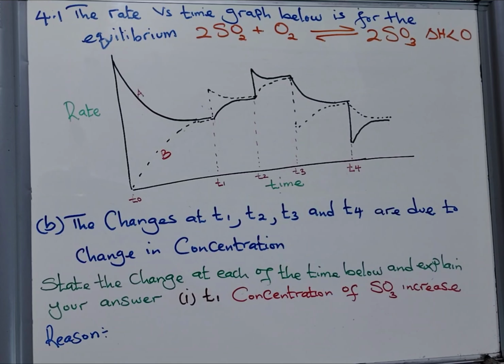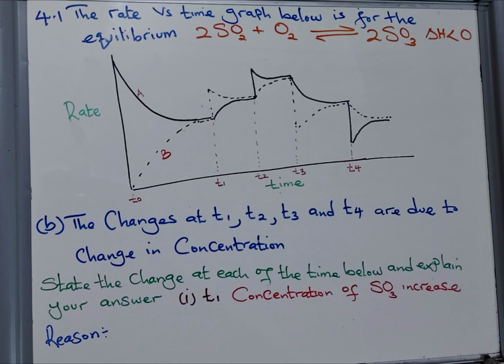Yeah, then comes this question. Says state the change at T2 and explain. So this is what we have as T2. And what do we see at T2? Rate increased. So that's one of the observations we have to see.